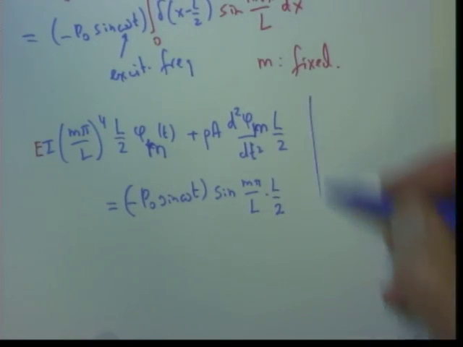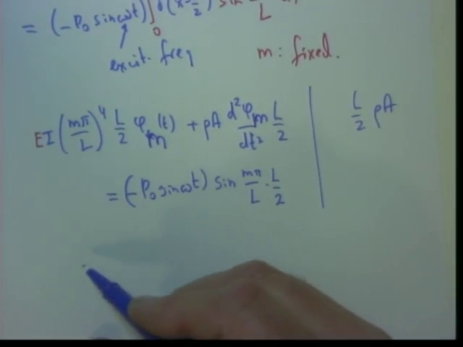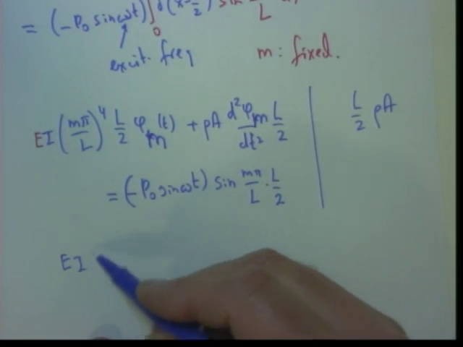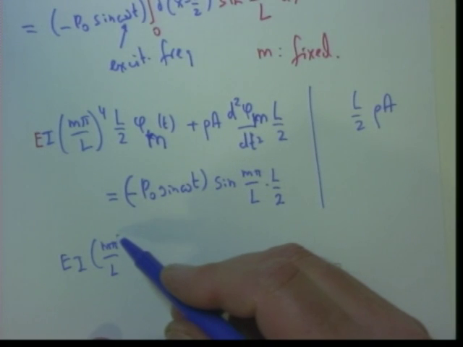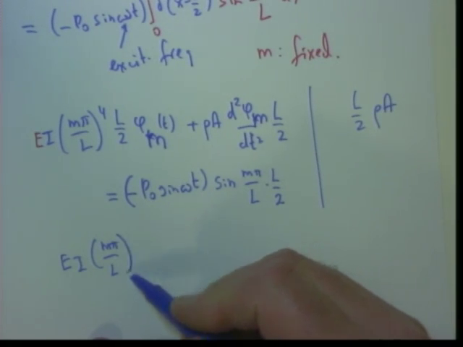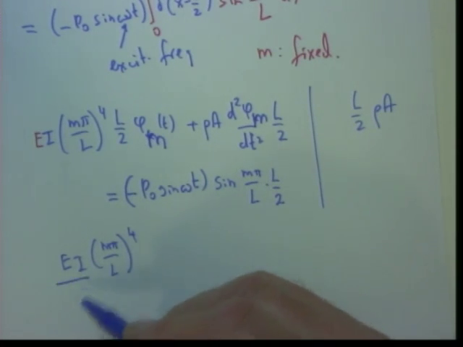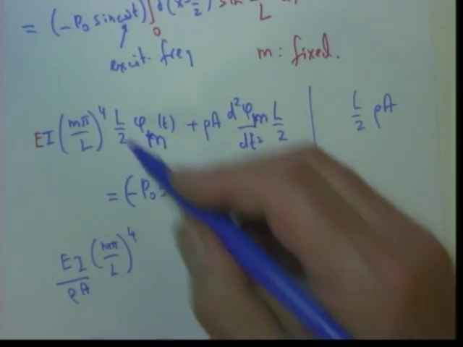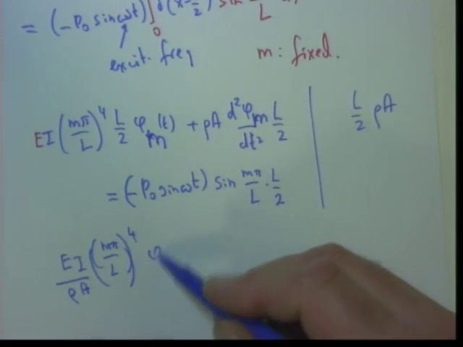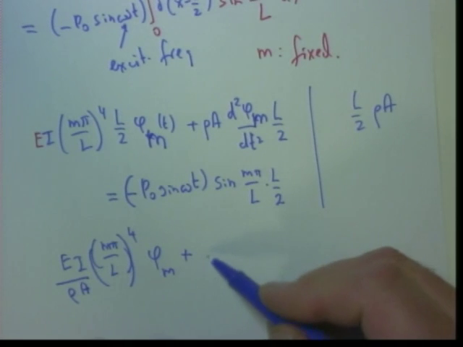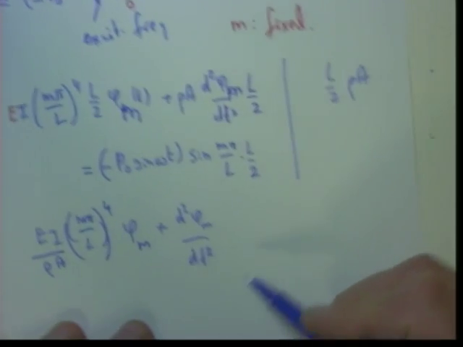Now we divide everything by L over 2 and rho A. So we get EI (m pi over L) in fourth power divided by rho A, and L over 2 will be gone. Phi_m plus d2 phi_m dt squared.